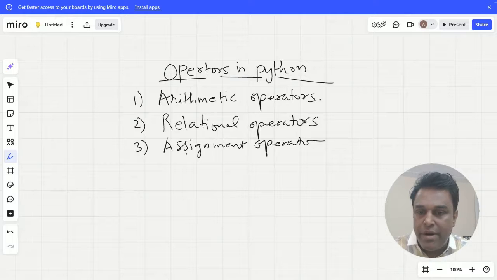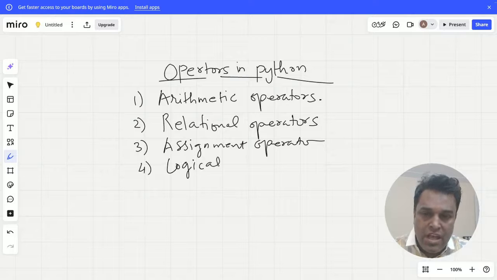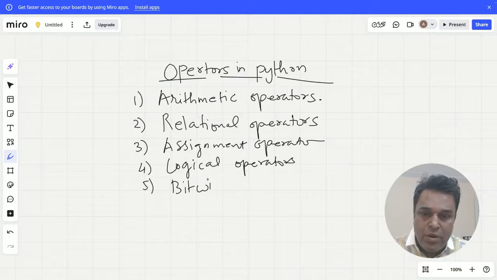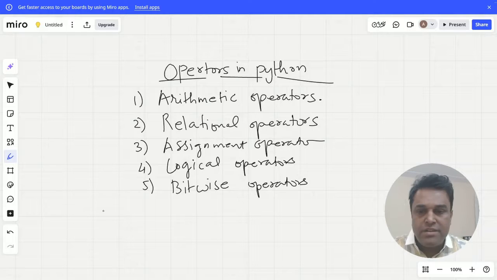The assignment operator. Then fourth, we will have the logical operators. Fifth is the bitwise operators.